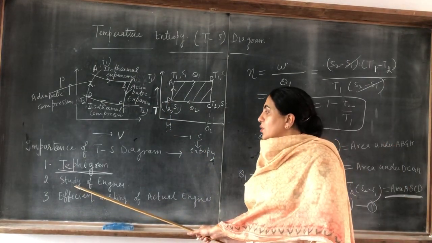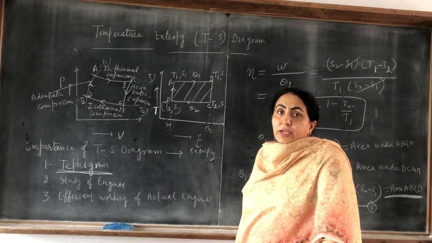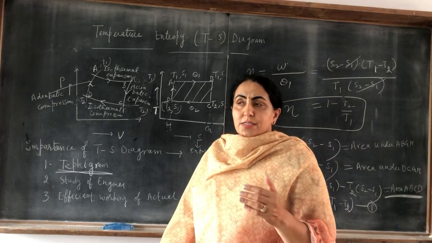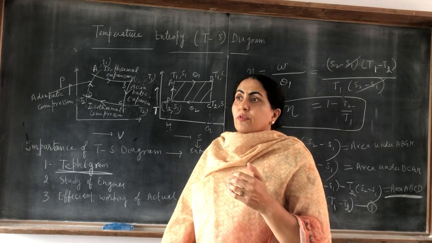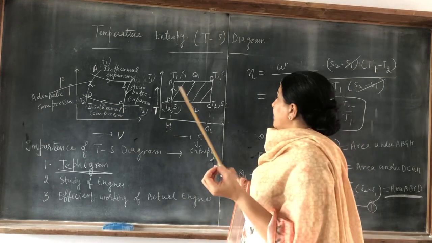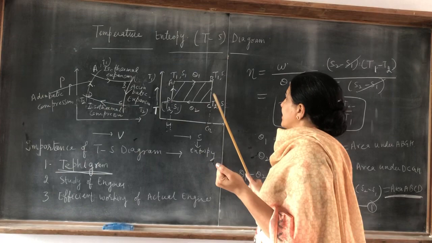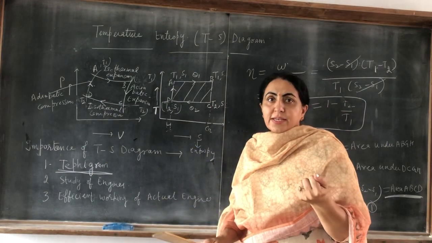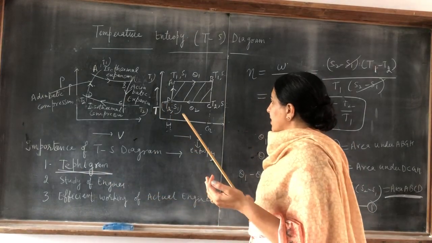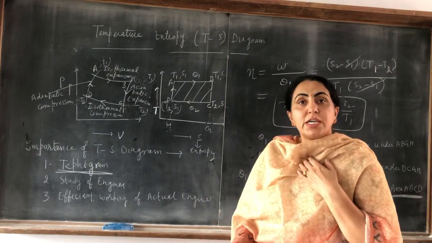Then it is also used in the study of engines, because in this TS diagram we can find out the work done during one cycle, another cycle, third cycle, then again the next cycle. So in this way the TS diagram is used by engineers for the study of engines.